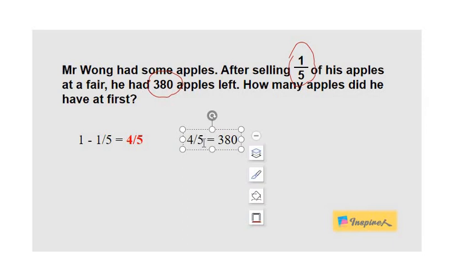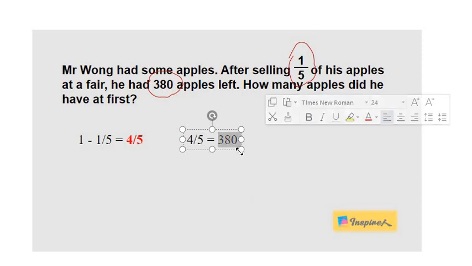So 4/5 here refers to the 4/5 as a fraction of the total number of apples that Mr. Wong had in total. It's 4 out of 5 parts of what he had in total. And they gave us the clue, which is 380.